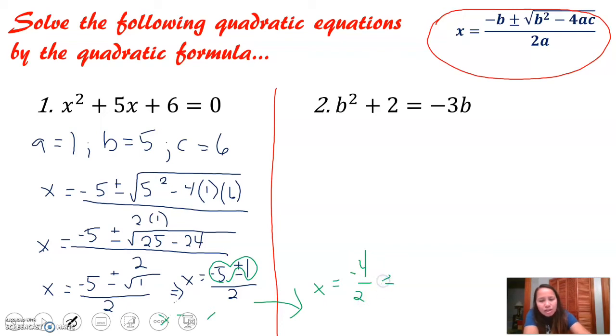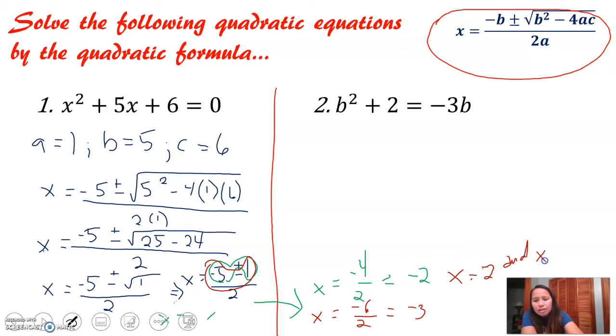That's actually -2. Now let's go to the other one. -5 minus 1 is -6 over 2. That gives us -3.